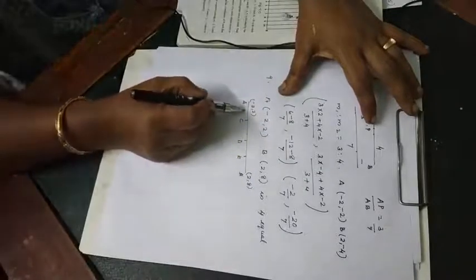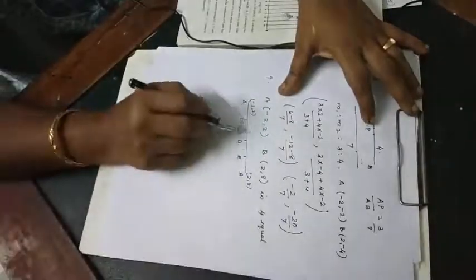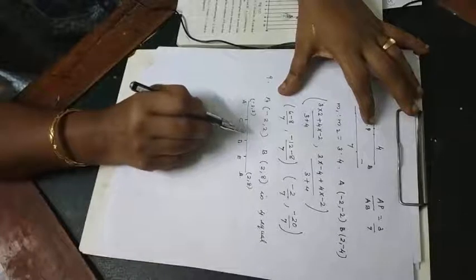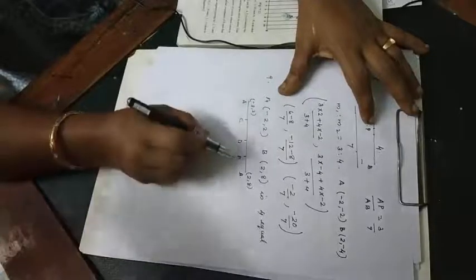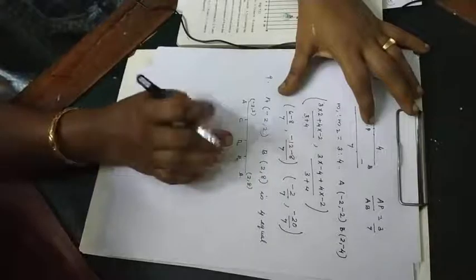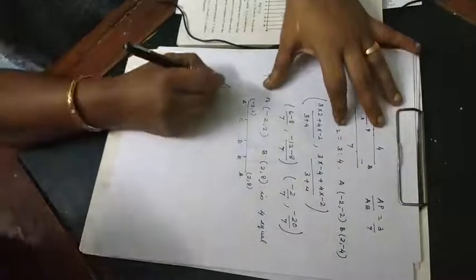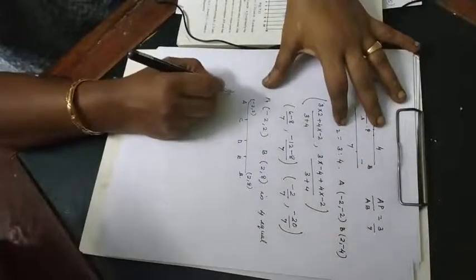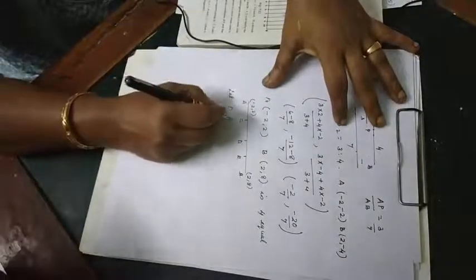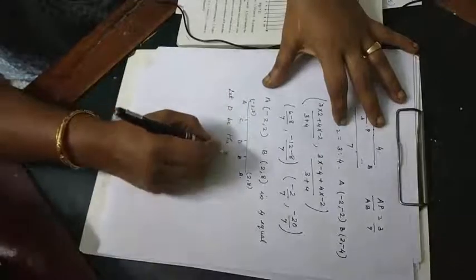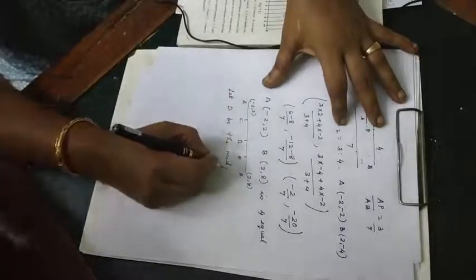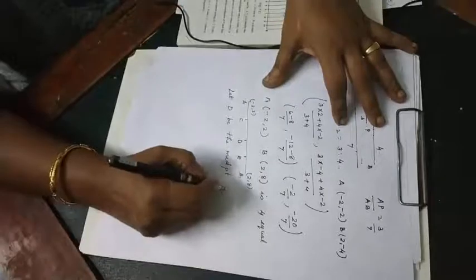Otherwise you have to take 1:3, then again 2:2 or half, like that. So better you take the midpoint of AB. So first let D be the midpoint of AB.